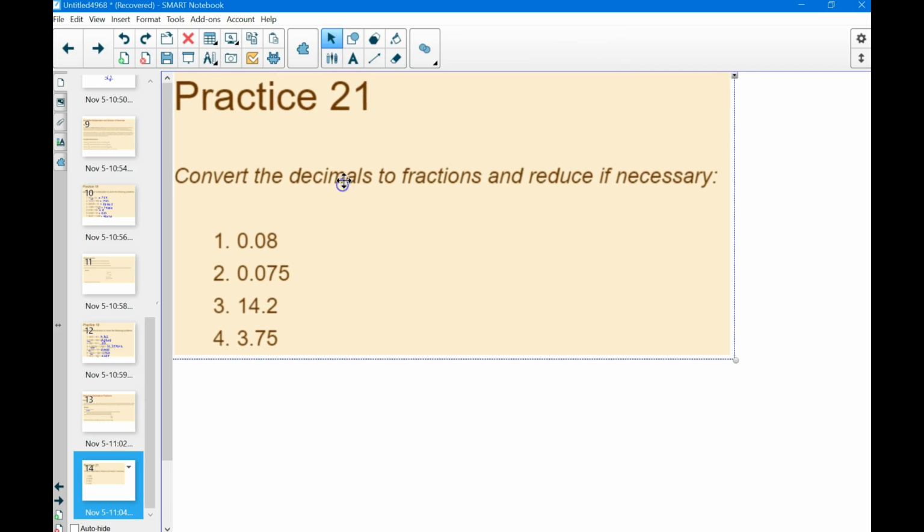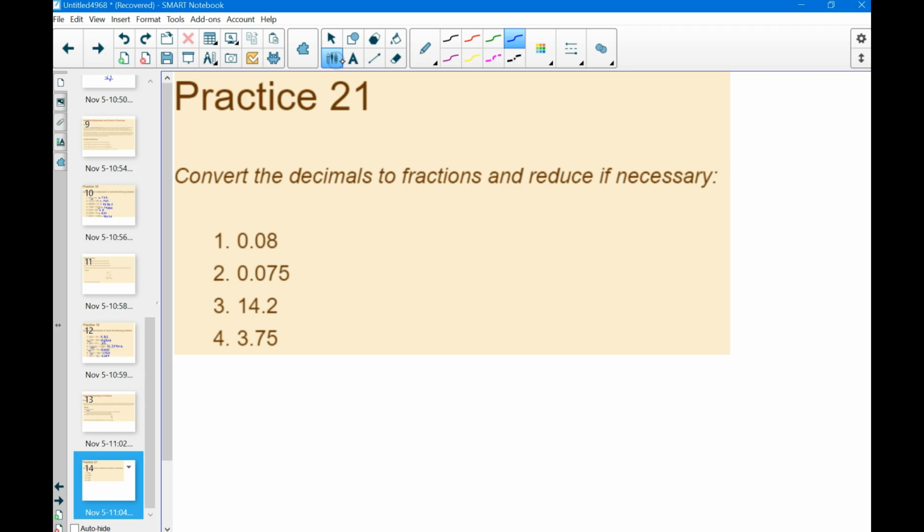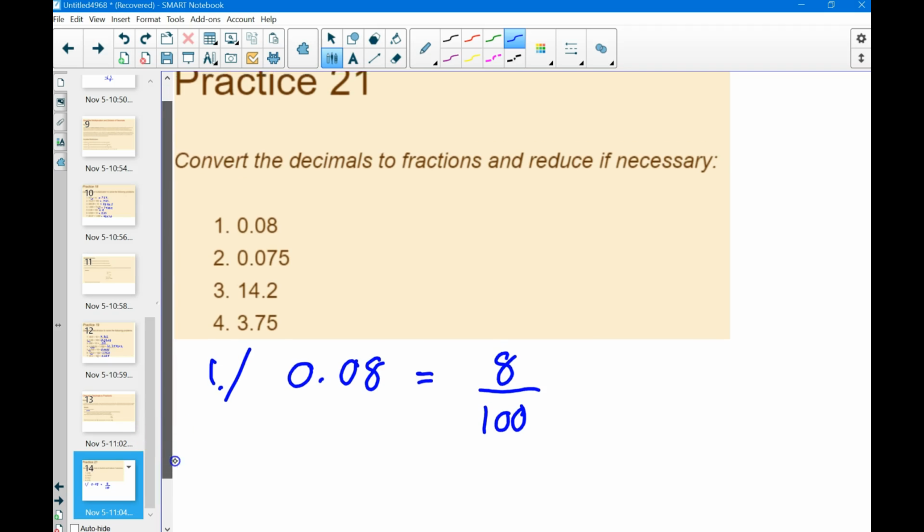Let's look at number one. Number one says decimal 0.08. We know the place value is going to be 8 over 100, because it's tenths, hundredths. Okay, we all happy? And now we can reduce that.